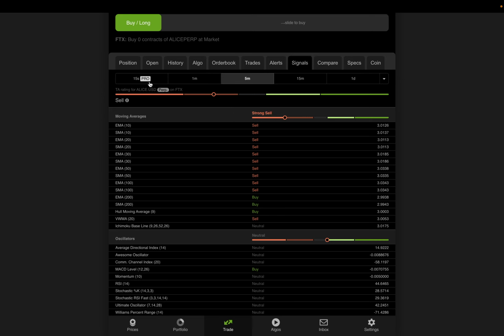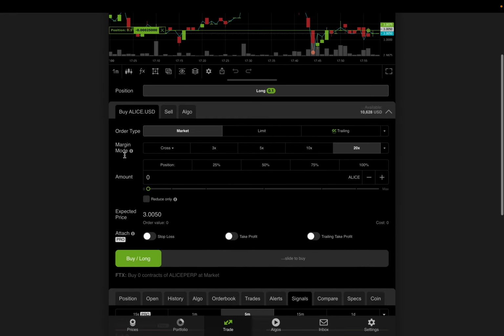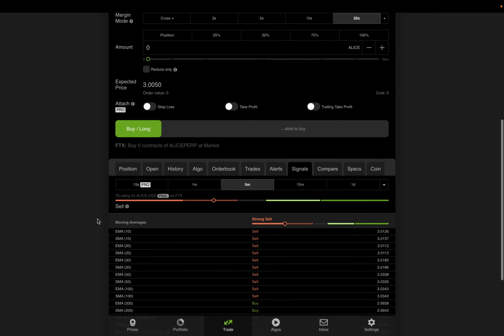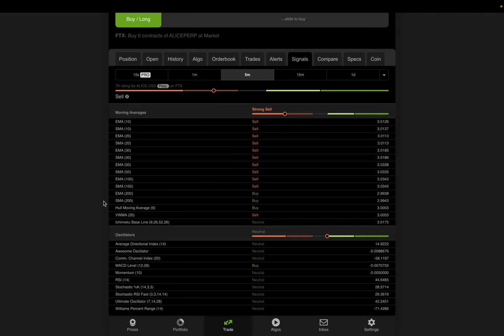However, here you can choose any time frame you want or any candle resolution you want, rather, right? And as this is based on real market data, not on aggregated sparklines like the prices tab, you have much more indicators here. So we actually have 15 moving averages and 10 oscillators.